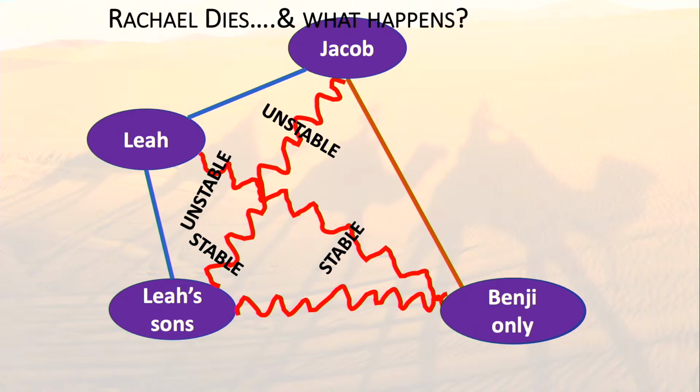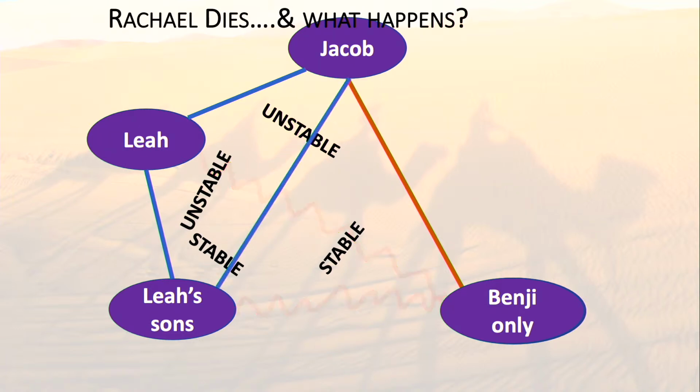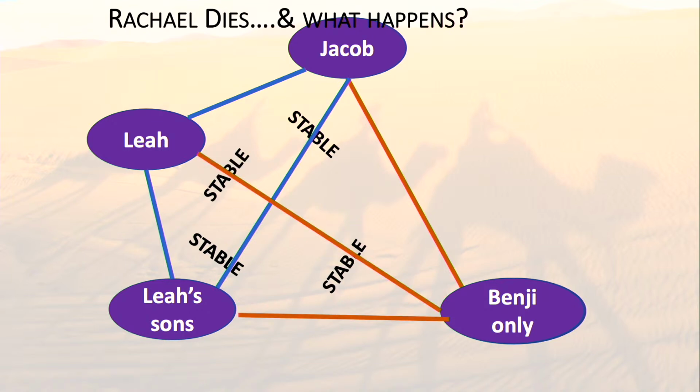Maybe Leah and Jacob are getting along, and so there's this idea, well, let's treat Benjamin a little bit differently than we have been treating Rachel's sons in the past. Let's not get rid of him. So maybe there's some repair happening between Leah's sons and Jacob and Leah and Benjamin. So maybe this family has returned to some semblance of stability.